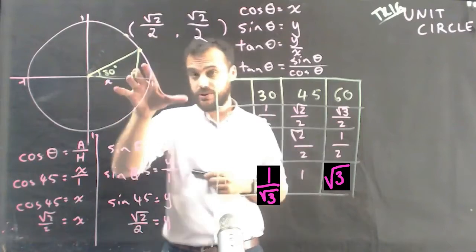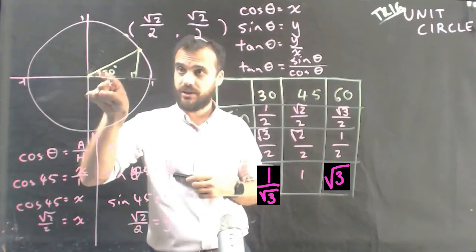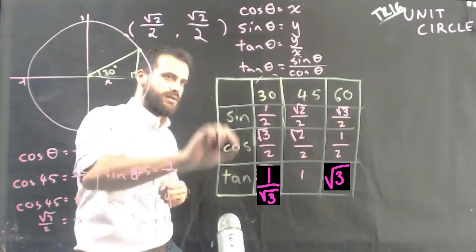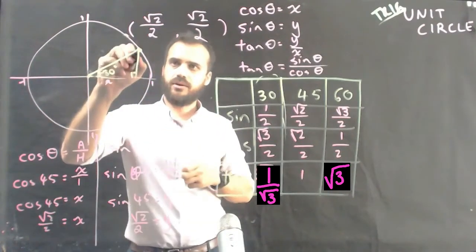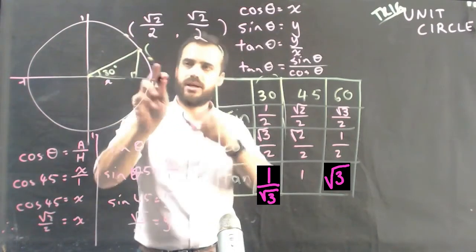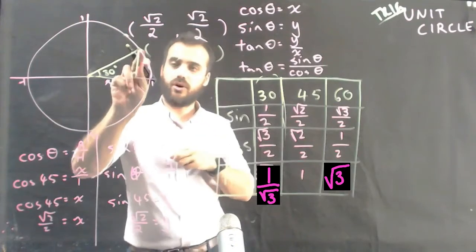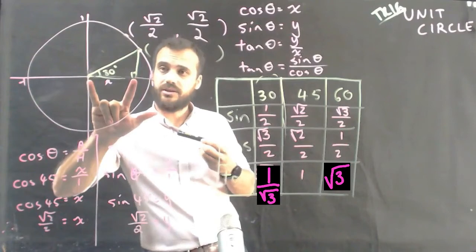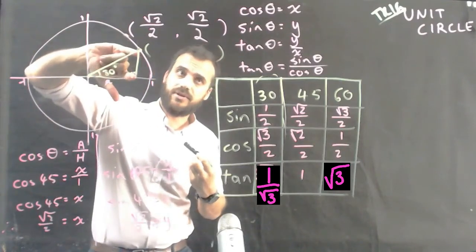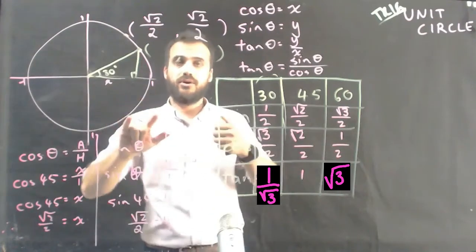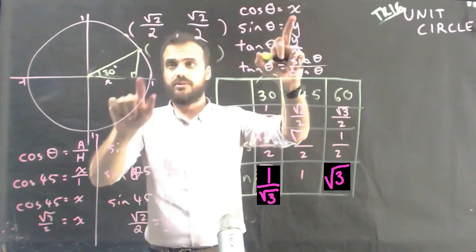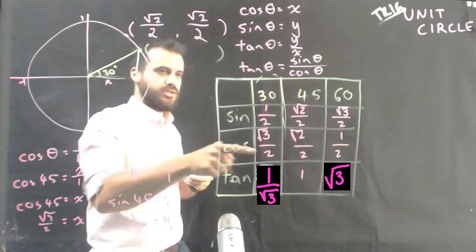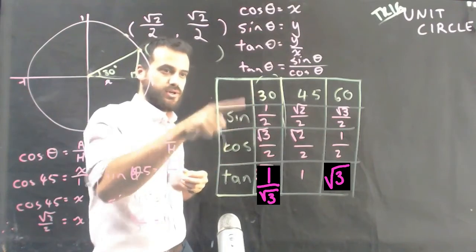So, I've drawn another triangle, this time with an angle of just 30 degrees. So we're going to be using this stuff in our table to come up with the x and the y coordinate of that point, which also happens to be the length of this and the height of this. So we know that the x coordinate is going to be equal to cos theta, and theta is 30.